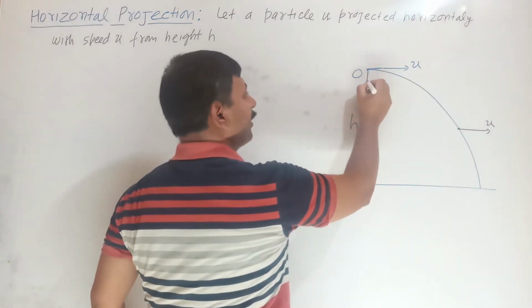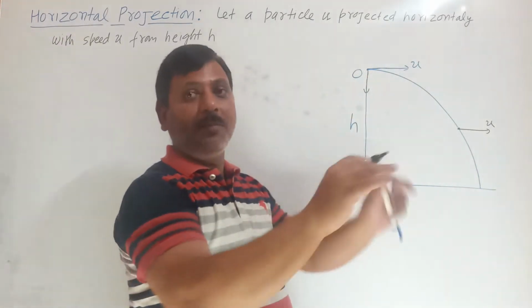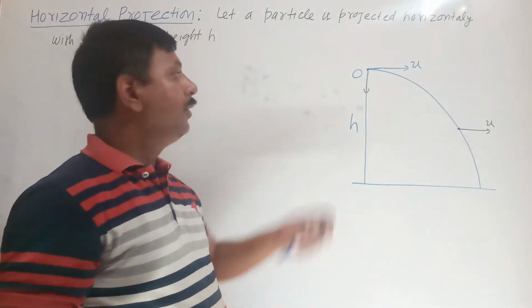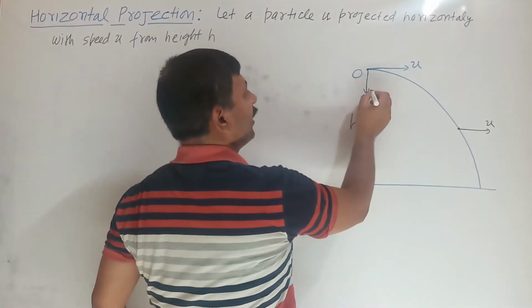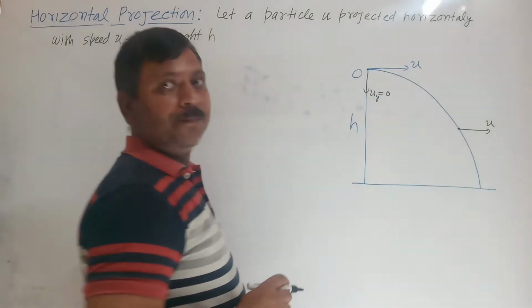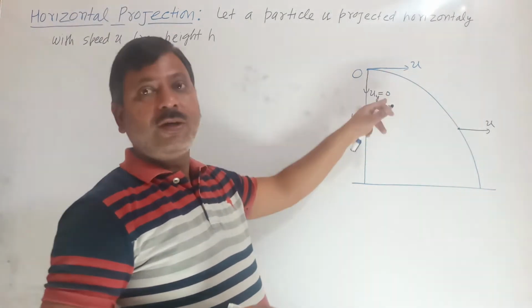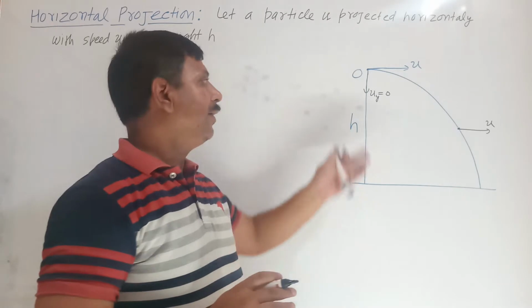What will be the initial vertical component? Since it is projected horizontally, there will be no vertical component. So the initial vertical component uy is equal to 0, because the object is projected horizontally.